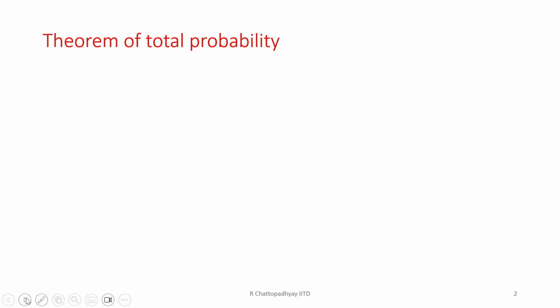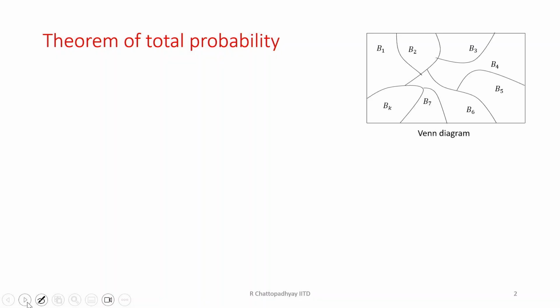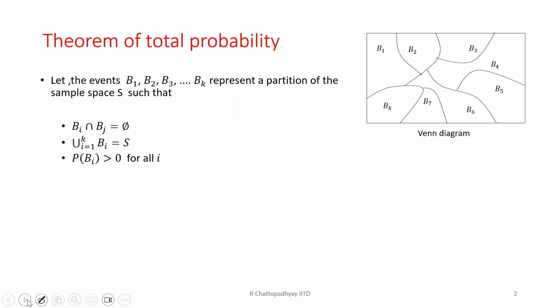We are first going to discuss a theorem which is known as the theorem of total probability. On the right-hand side you see a diagram which is known as a Venn diagram. We have already seen Venn diagrams earlier.